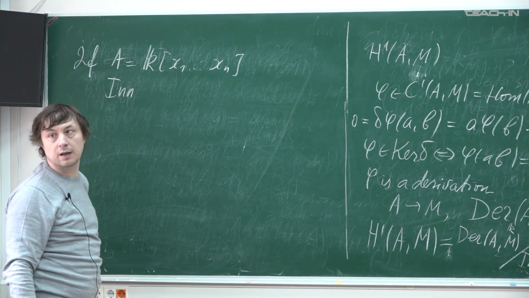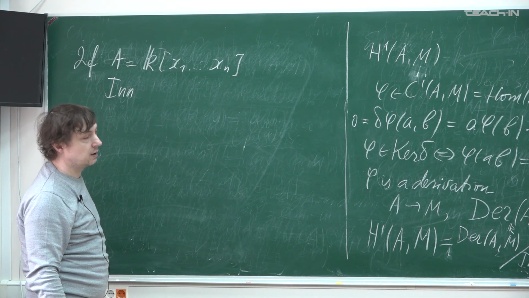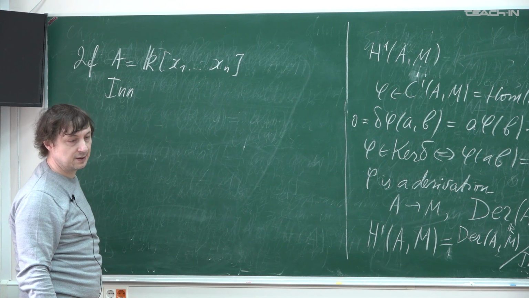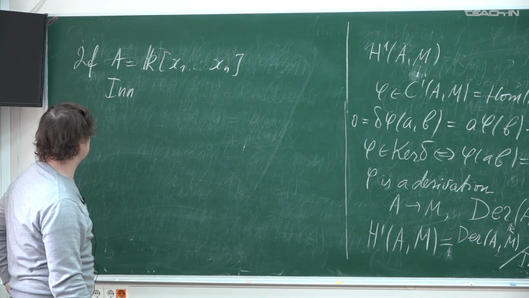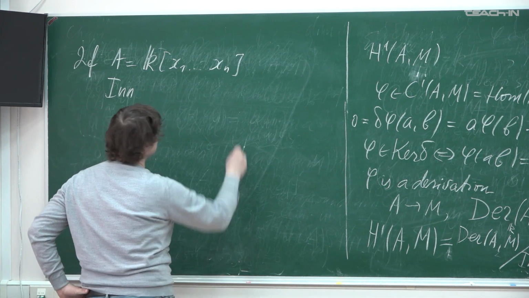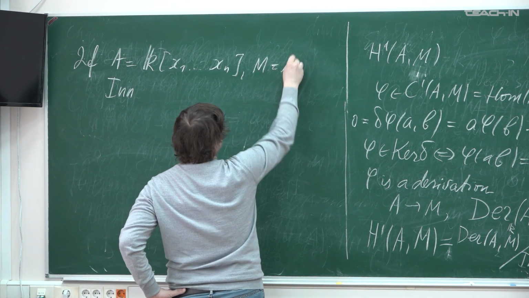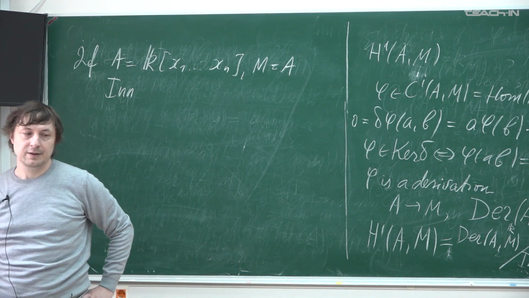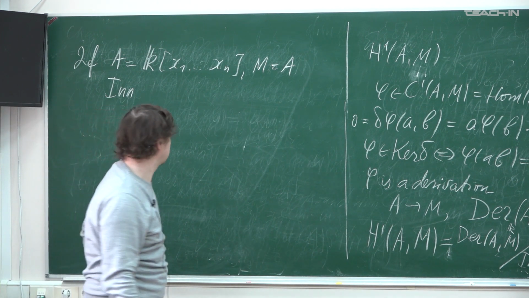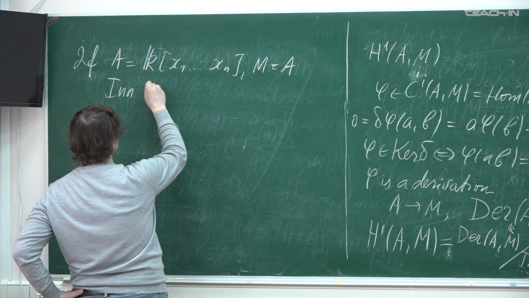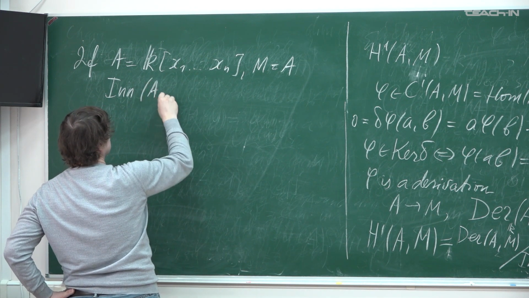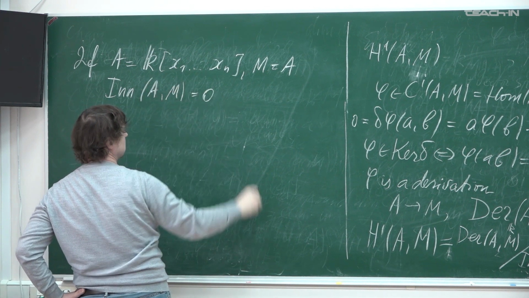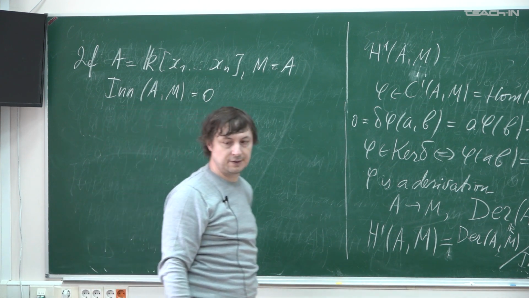The inner derivations are the ones that come from commutators. In this case, all inner derivations are equal to 0 because of the commutativity of A, right?